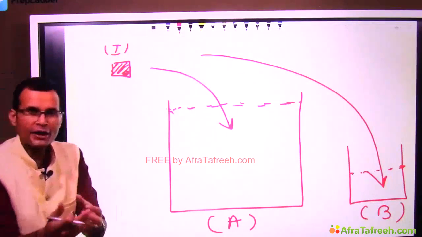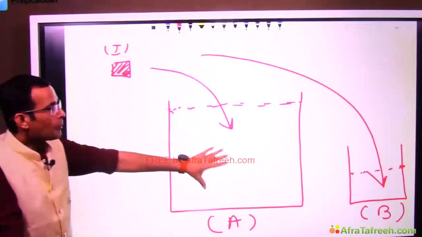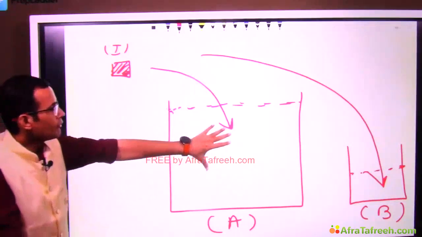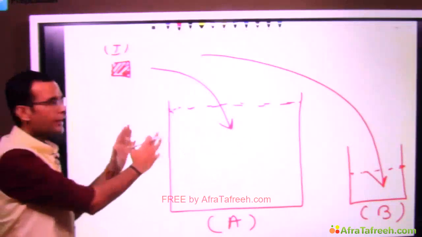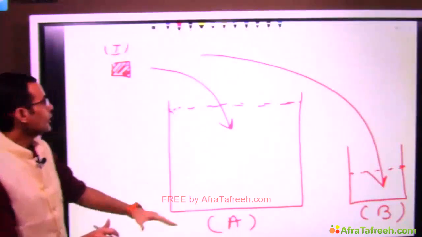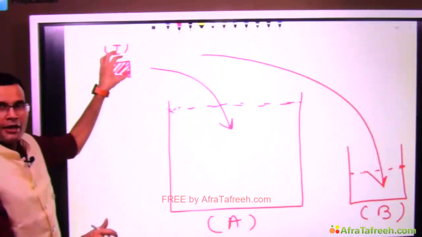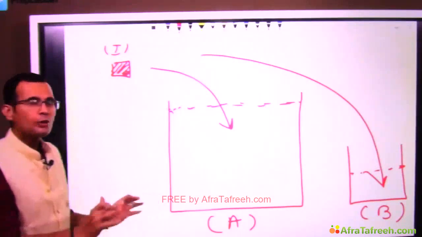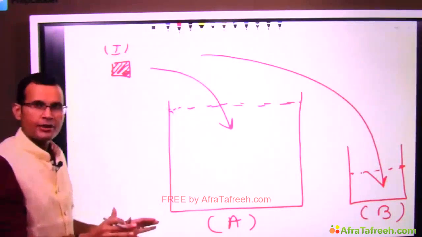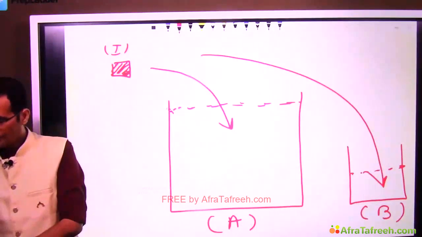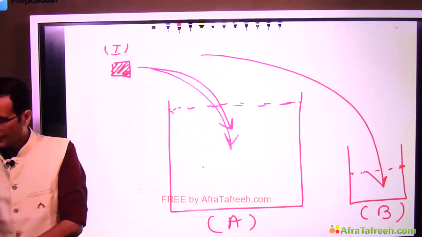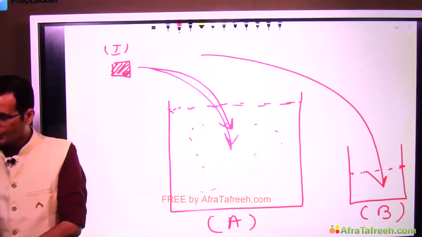In compartment A, the volume of that compartment is high, greater volume. So this dye will get dispersed and diluted to a much greater extent.